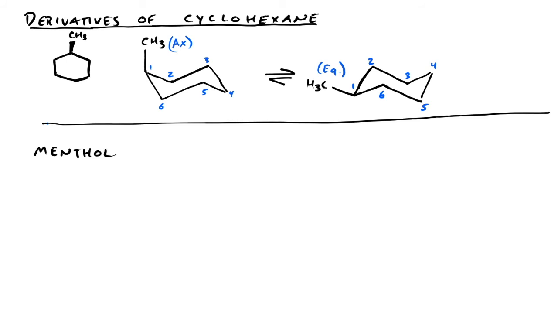It's in a lot of mint flavored things. So menthol is a cyclohexane derivative. There's a methyl group right here coming up. There is an alcohol over here coming up. And then down here, there's an isopropyl group. So that's our structure of menthol.